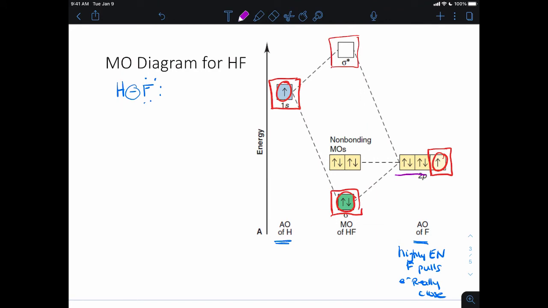Then we have these two orbitals from fluorine that nothing happened to. They did not mix with the hydrogen. They are just non-bonding molecular orbitals, so they stay put. They are still present on the fluorine.